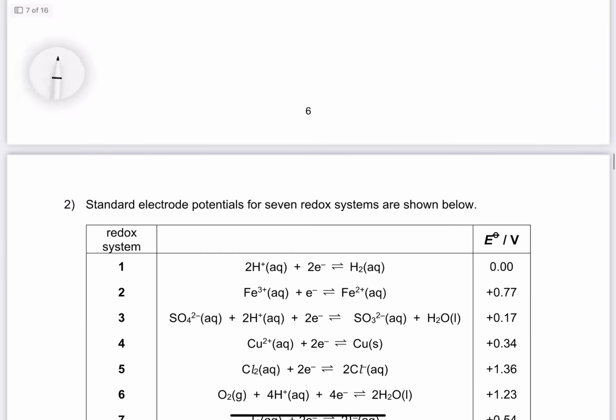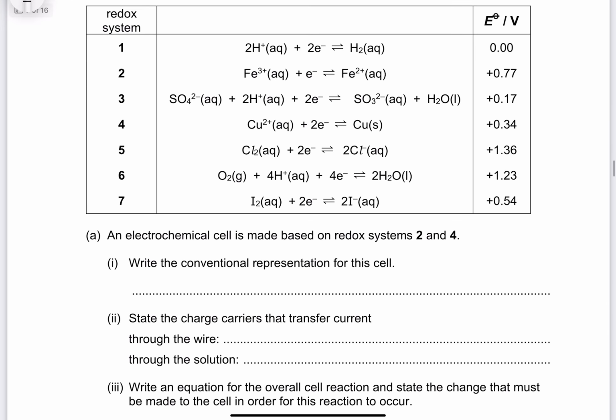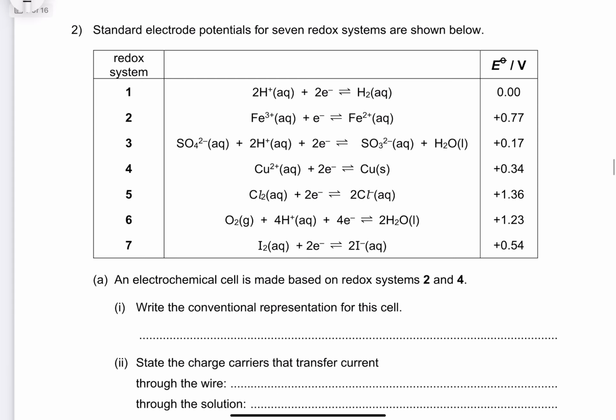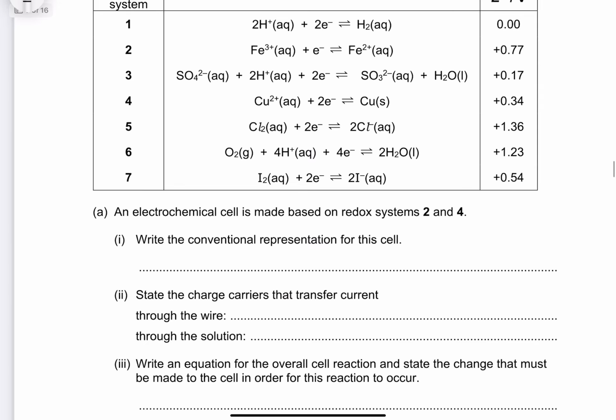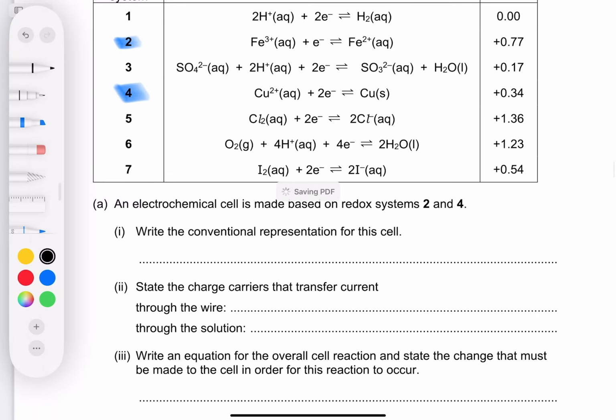Our next question gives us another standard electrochemical series. And it says, write the conventional representation for cells 2 and 4. So 2 and 4. So the most positive one is going to go on the right-hand side, and the more negative one is going on the left-hand side.